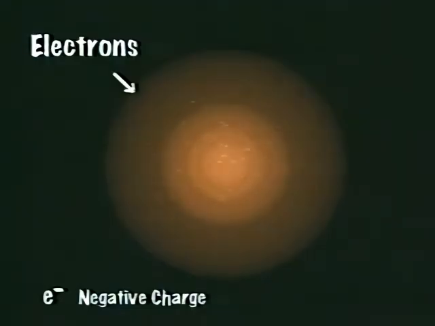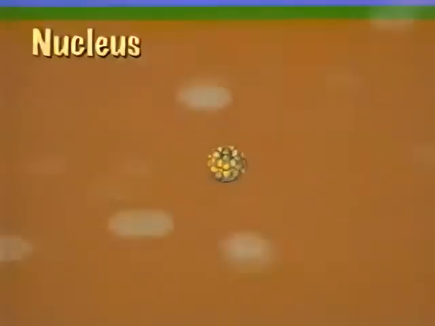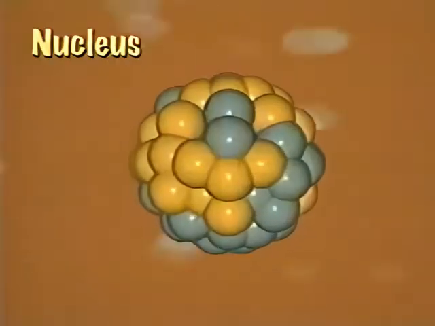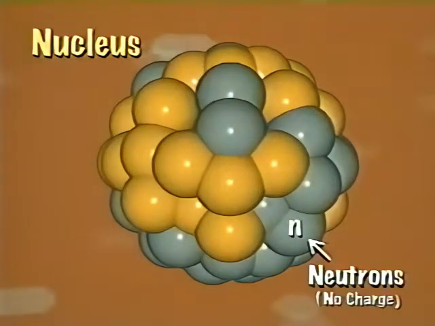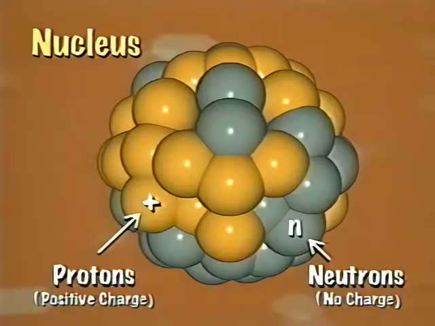They have a negative charge. Inside is the nucleus, which is made up of protons and neutrons. The neutrons have no charge, but the protons are positively charged.